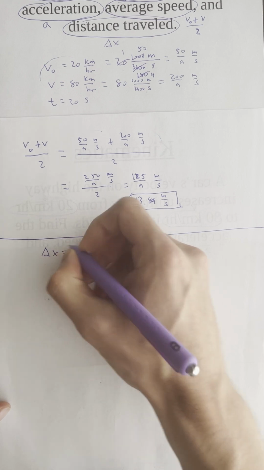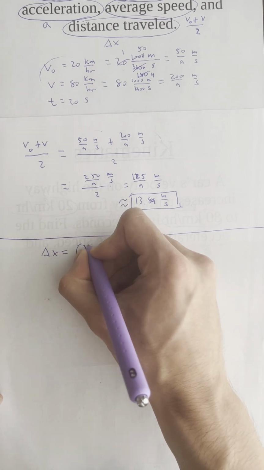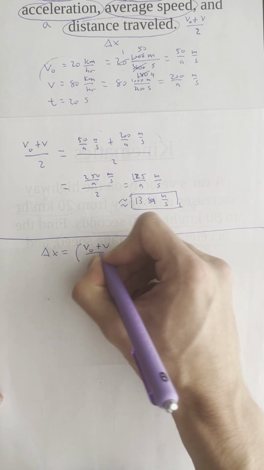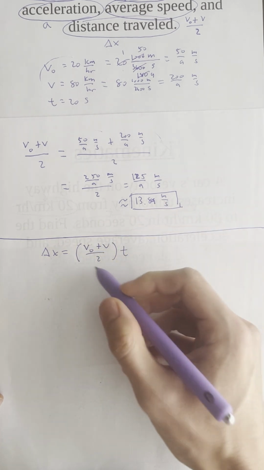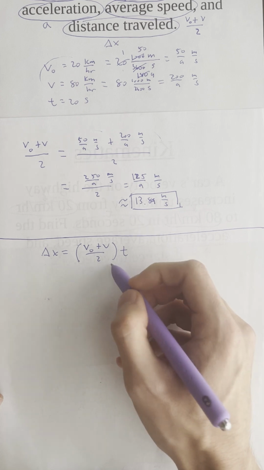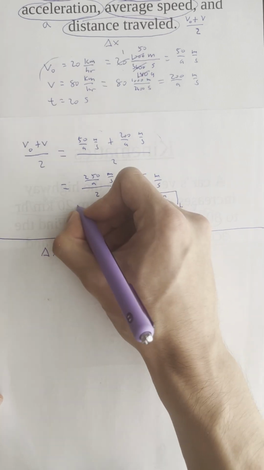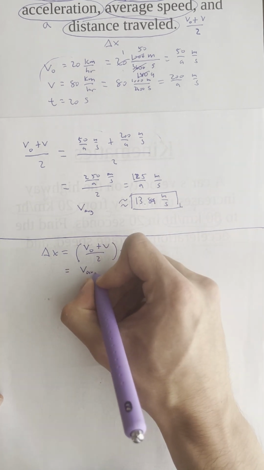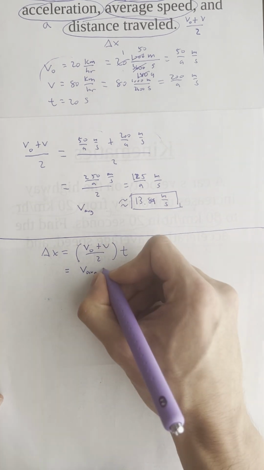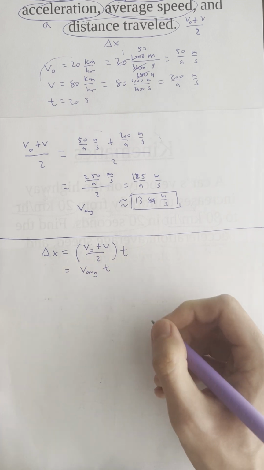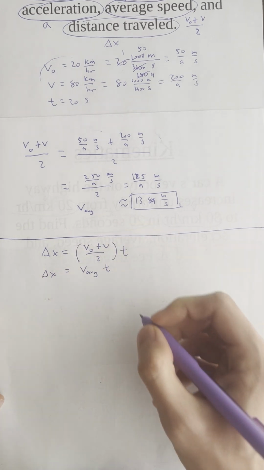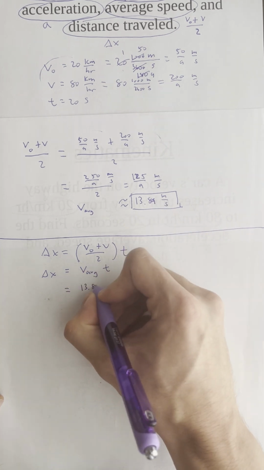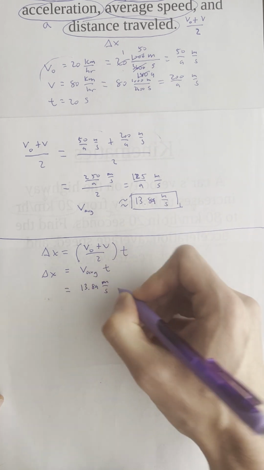Delta x is equal to, I'm just copying the formula here, V naught plus V over 2 times T. And by the way, you can also say that this is the same thing as V average for this problem. Okay, average velocity times time. So I can plug this in, 13.89 meters per second.